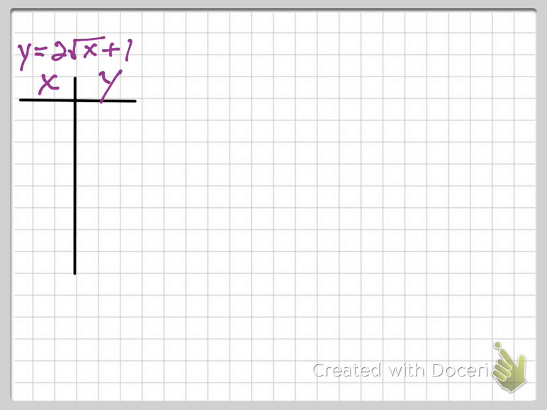Now, because we're substituting into a radical, what values make sense for x here? Perfect squares, right? If we're talking about the square root of x, immediately we can talk about possible x values.